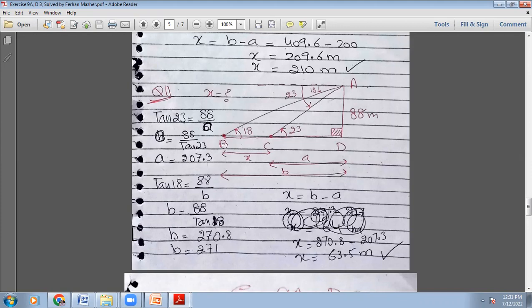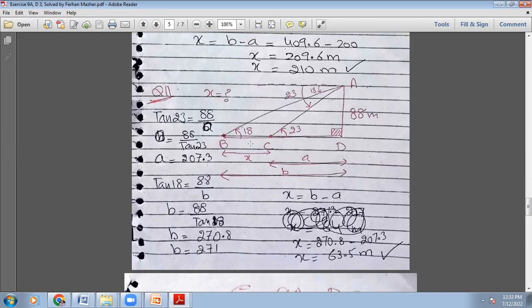Then I will use this big right angle triangle. This angle is 18 and this height is 88. I want to know the base. So tan 18 equals 88 divided by B. So B equals 88 divided by tan 18, which is 270.8, approximately 271, but in this case we are going to take 270.8.